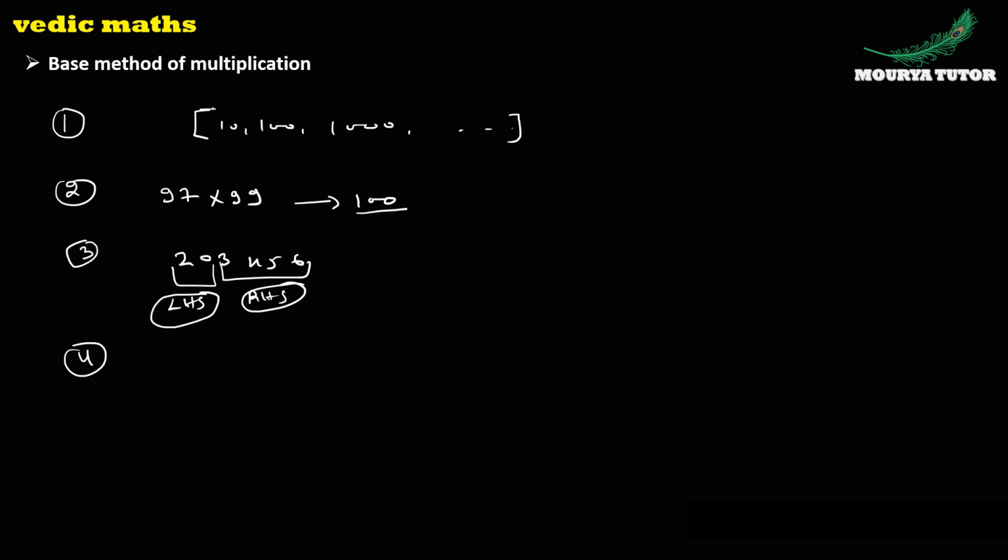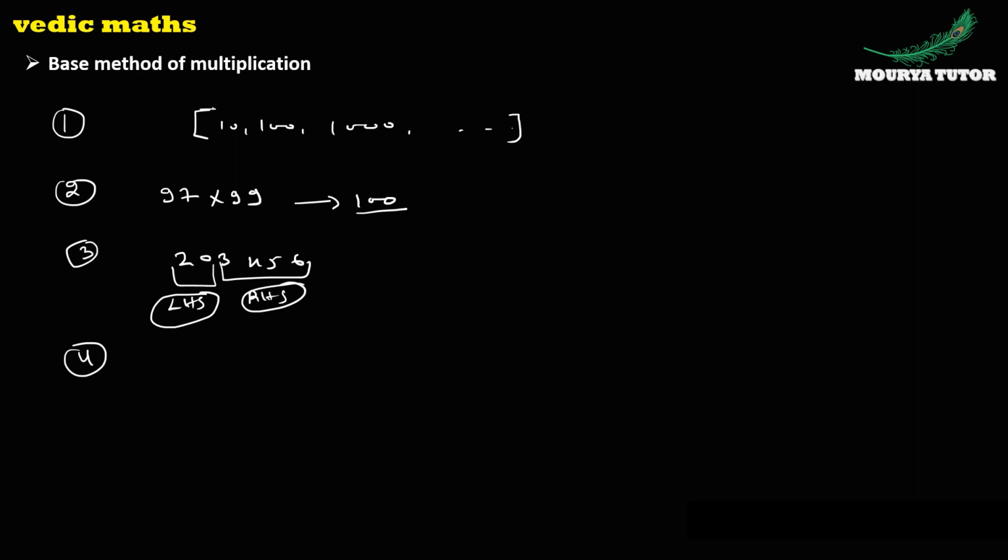All right. And one thing that I need to tell: in the previous video I told you that the RHS will be 2 digits only, in the case where the ending digit is 5 and its extension.